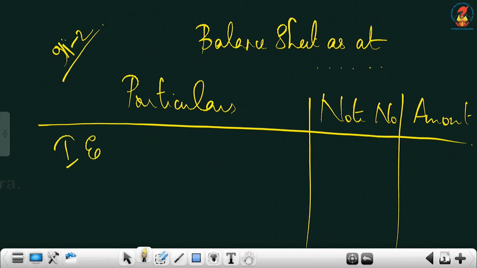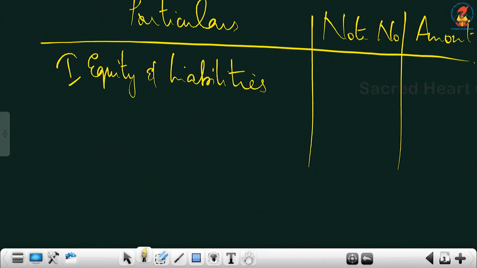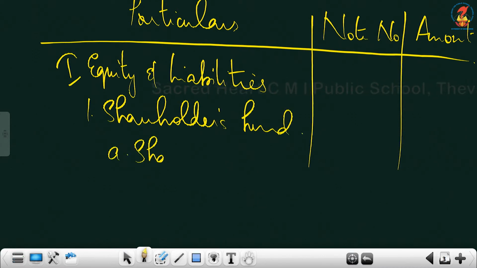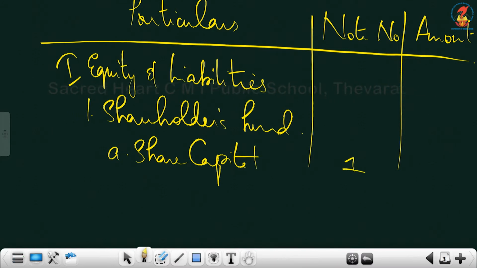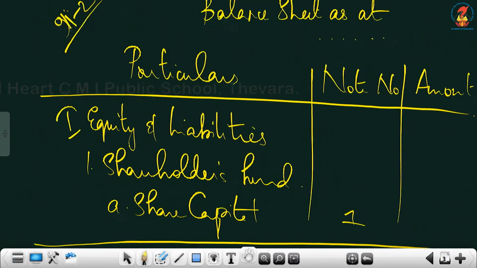So first, the main heading, you write equity and liabilities. Then below that, first one, shareholders' fund. Then we have share capital, only share capital you need to show. Against that you write note number 1. With that your balance sheet is over.